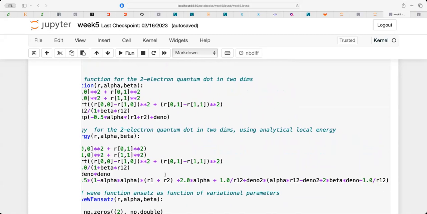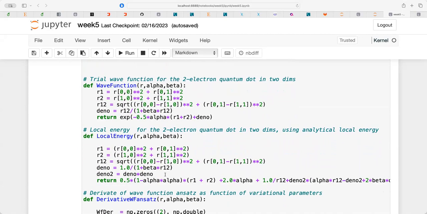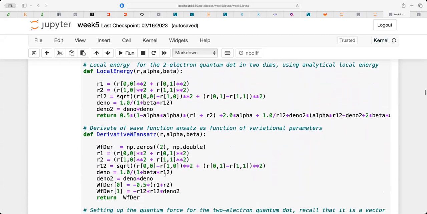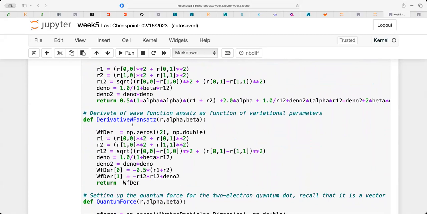And you get a slightly uglier expression. I have the derivative of the wave function, which is now given by these two parameters, alpha and beta. So this returns the derivative of the wave function ansatz with respect to alpha and beta.